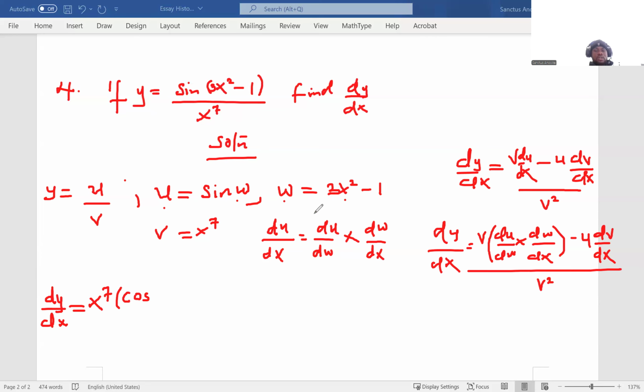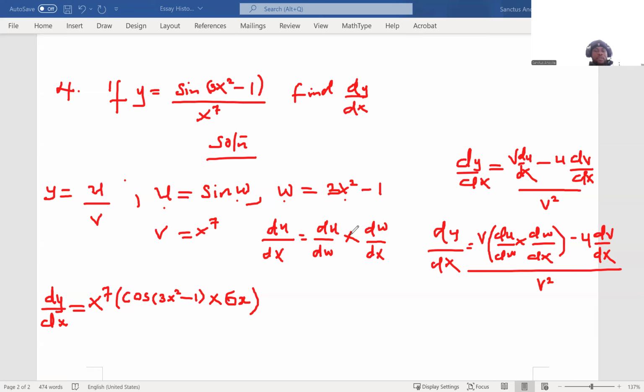Our w is 3x squared minus 1. Okay, so I cover this again. Sorry, before I cover this, I need to do the last one. That is the du/dw times dw/dx. So I'm going to do this one times the dw/dx will give me 6x. Okay, 6x.